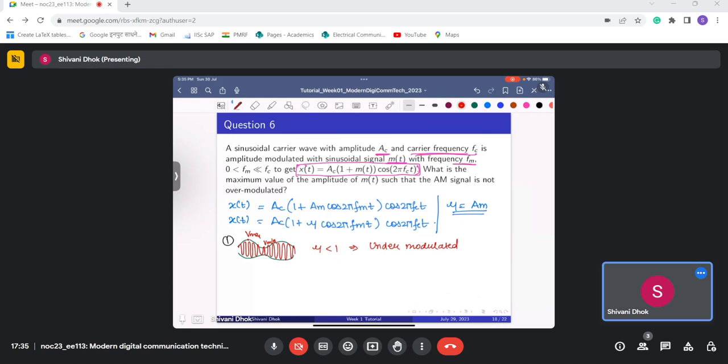The next case has Vmax and Vmin, where Vmin is equal to 0, which means that μ is equal to 1, and this is the case when it is critically modulated.